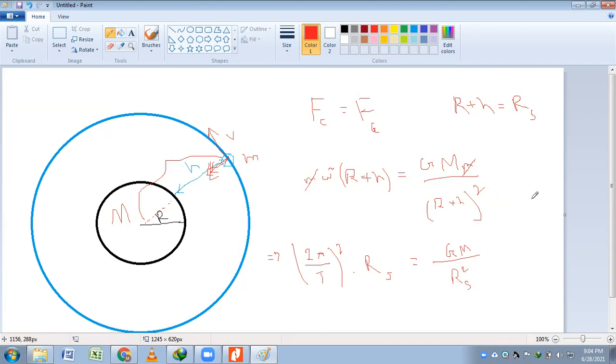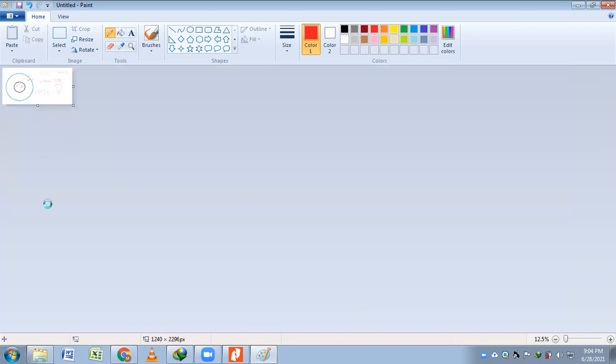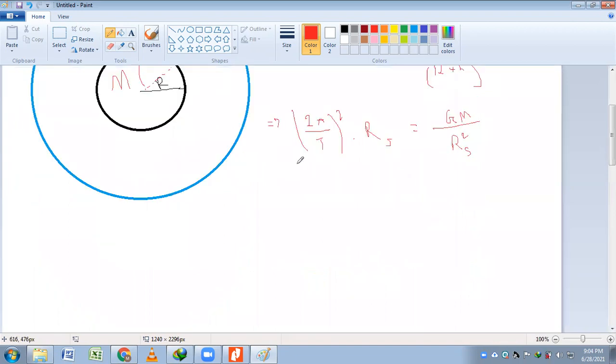So this is the primary equation. If we go further and process this, we can have 4 pi square divided by T square equals GM divided by Rs cube.